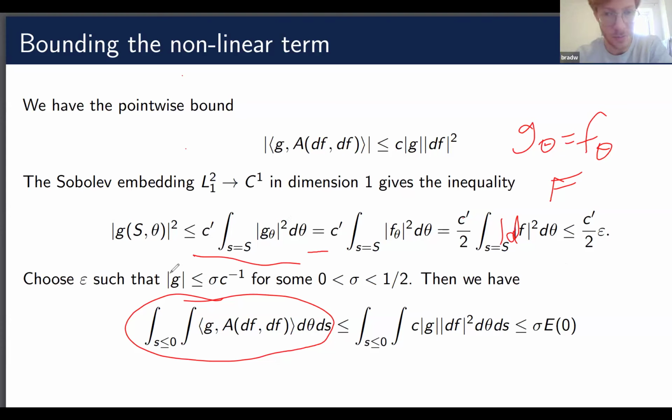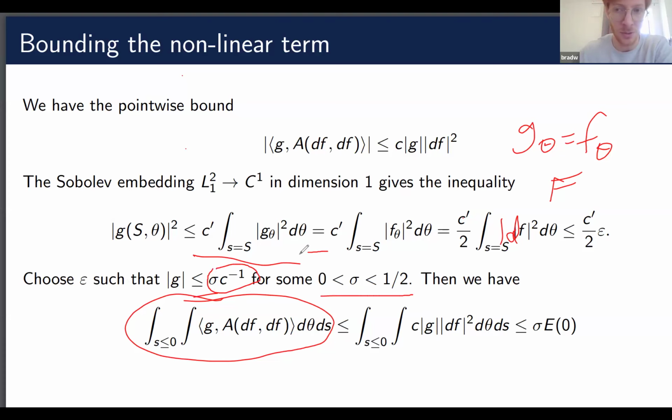Okay, so now we choose this epsilon slightly smaller than this small energy threshold. We choose it so small that there's some sigma in this interval, so that the norm of g is less than this here.